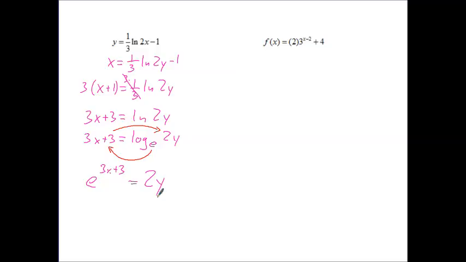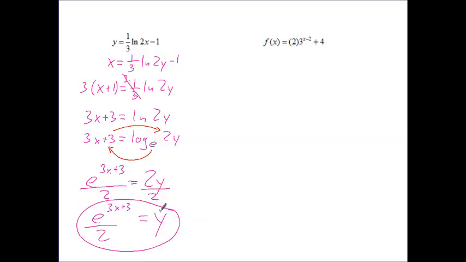And last step, divide both sides by 2. e to the power of 3x plus 3, divided by 2, is equal to y. Nice circle around it, and there is our inverse function.